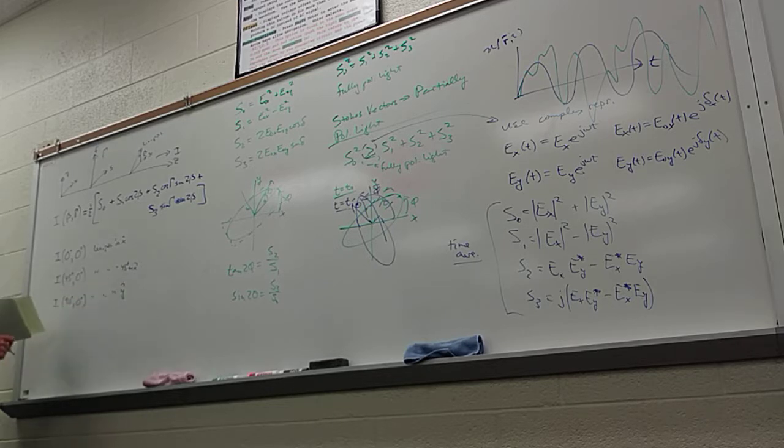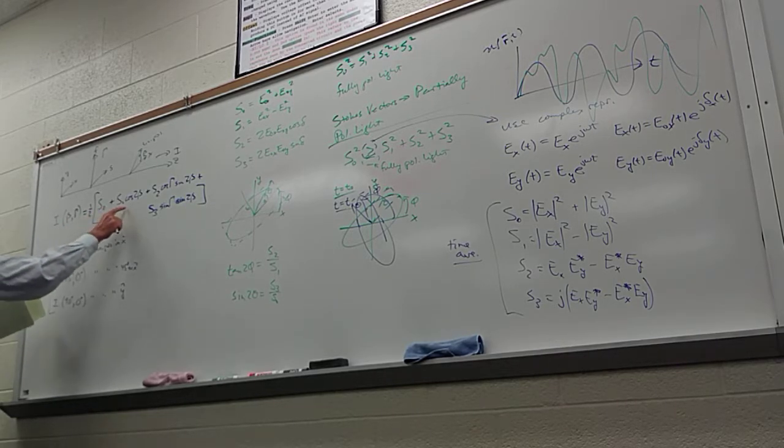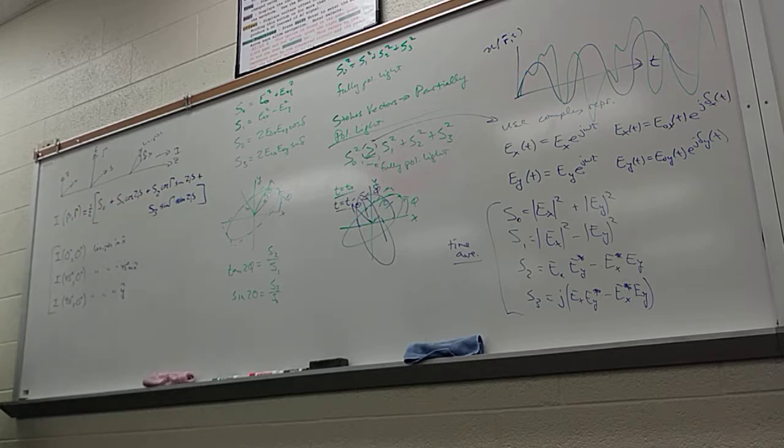And it turns out that if I measure with only those three cases, I can get S0, S1, and S2. So with a single polarizer, rotating it to three different angles, I can measure the first three Stokes components.